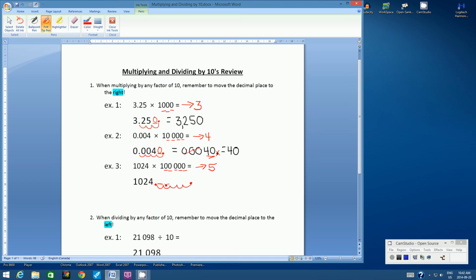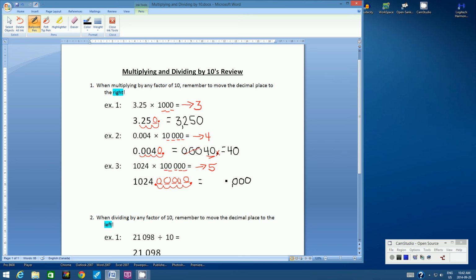Now I've got all of these place value columns to put a 0 in. It's going to be a very big number. All right, so when we write a big number like this, it's always good to write it from the right to the left. So if I start here, we got a 0, 0, 0.